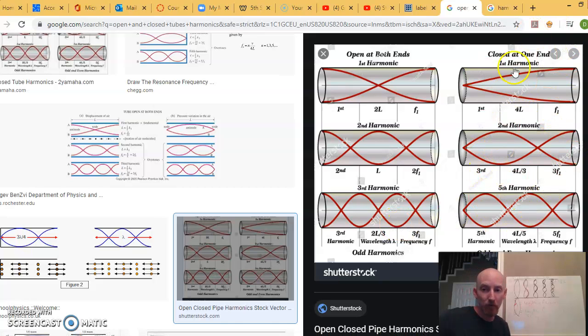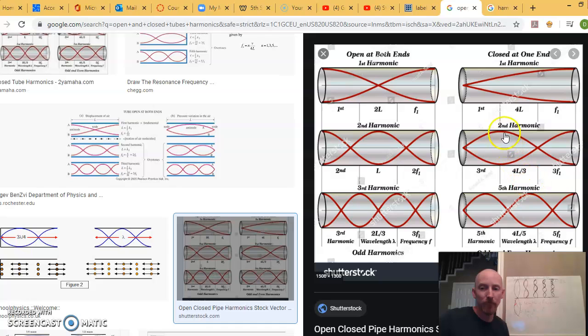For closed tubes, this waveform here is only a quarter now. So now the length of the wave would need to be 4L. So lambda would be 4L. For the second harmonic, lambda would be 4/3 L. For the next harmonic, it would be 4/5 L.